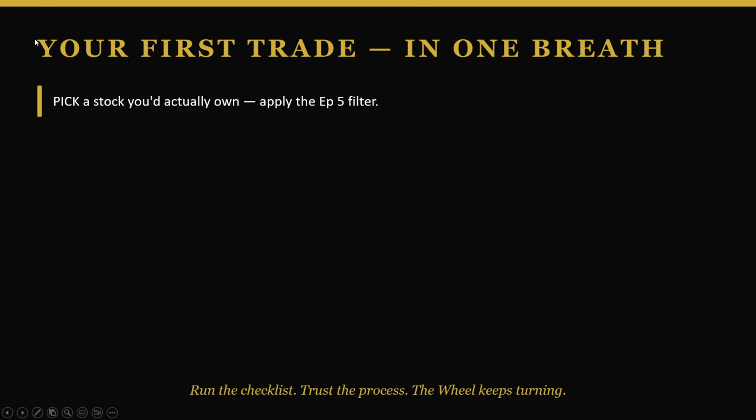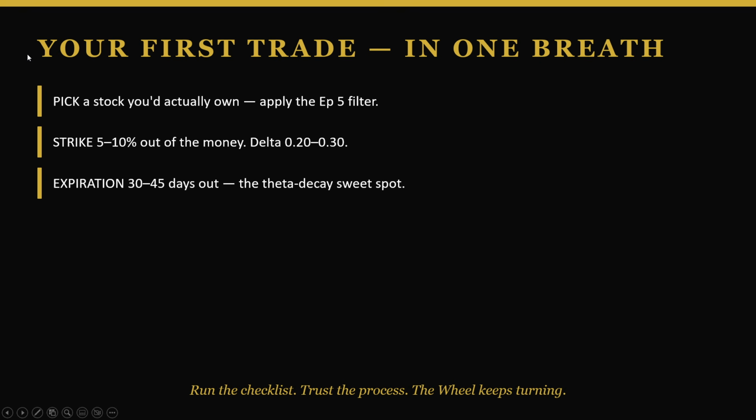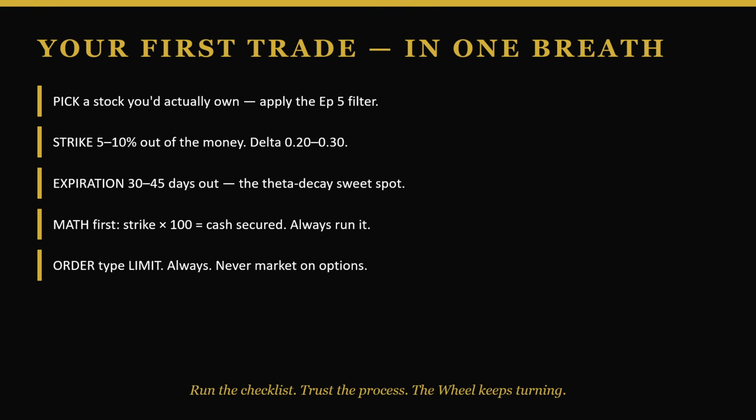Here's your first trade, baby, in one breath. You're going to pick a stock you actually want to own, right? It's going to be 5 to 10% out of the money, about a 20-30 delta. The expiration date is going to be 30, 40 days out. You're going to make sure that you do the math first. Make sure you got enough cash in the account to cover 100 shares of that stock, and do limit orders only, baby.